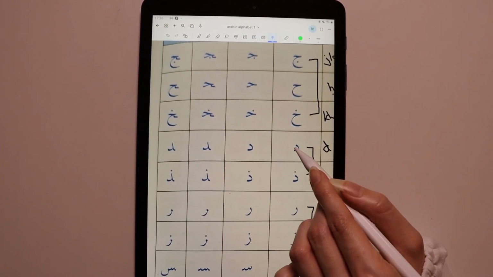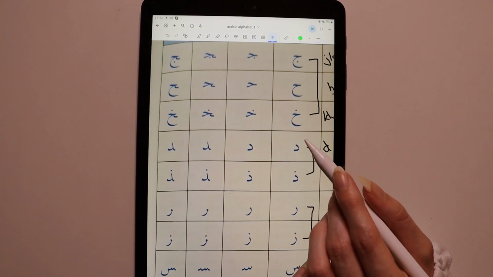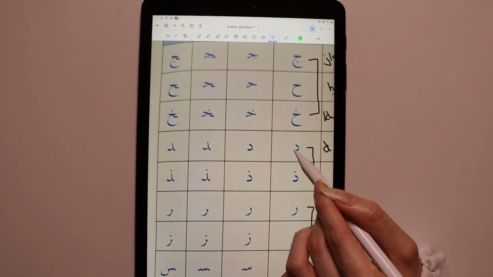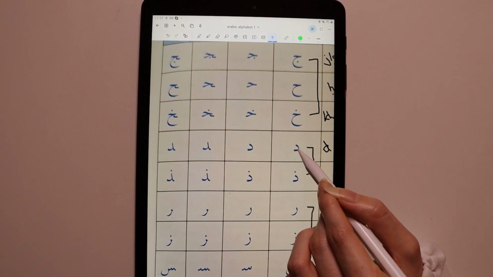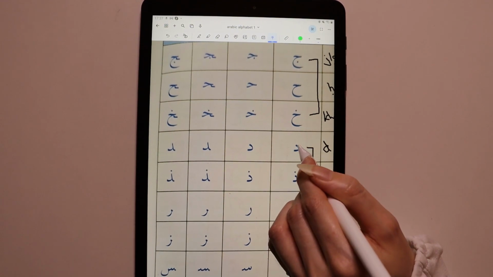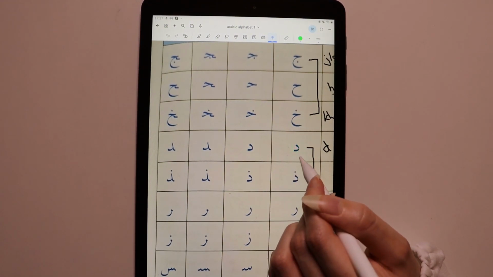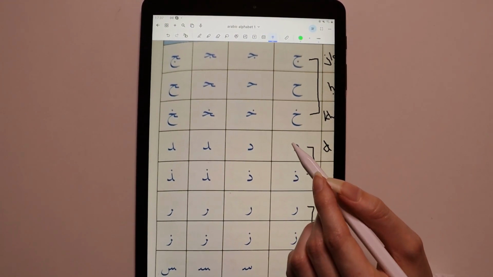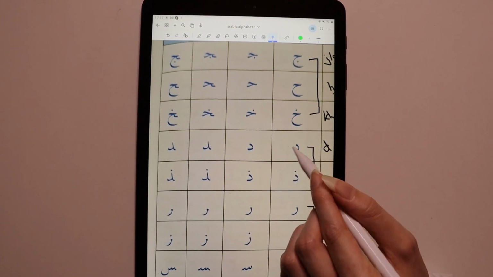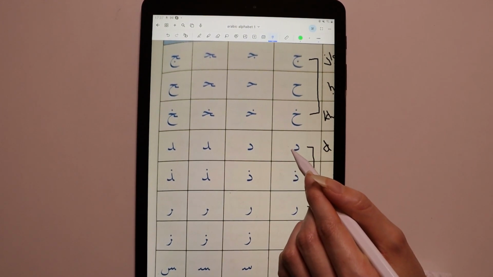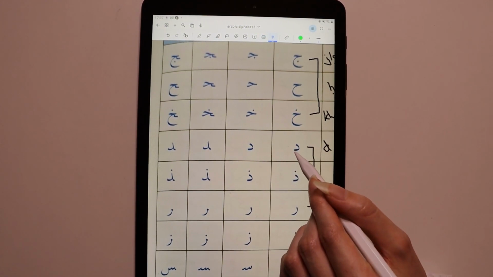So it appears in the middle of words, but you can't connect a letter directly after dal. So you can't write something like this. You can't write an alif after a dal as an example. You can't directly connect any letter after the dal.